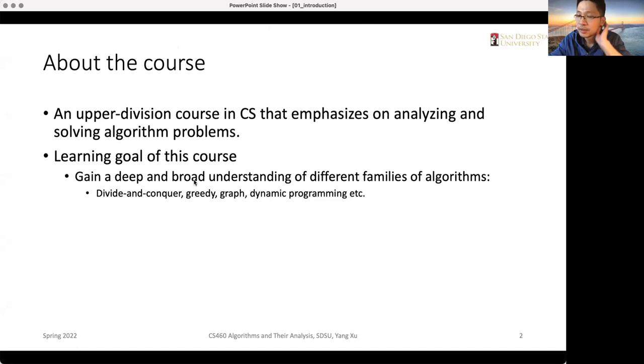several main categories, or what we call families of algorithms: divide and conquer, which is one of the most common types of algorithm that solves pretty common real-world problems.